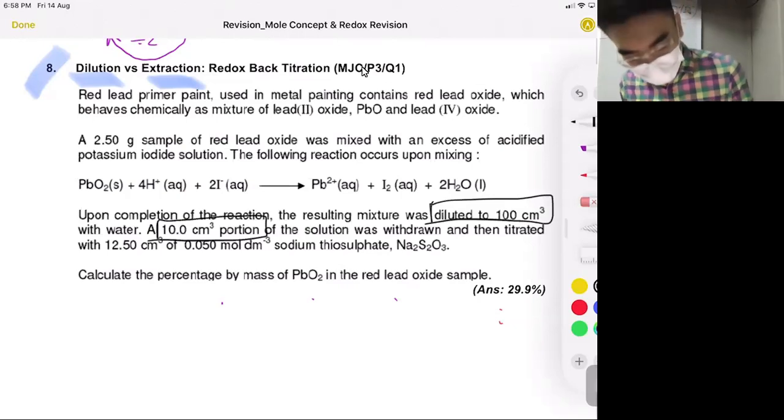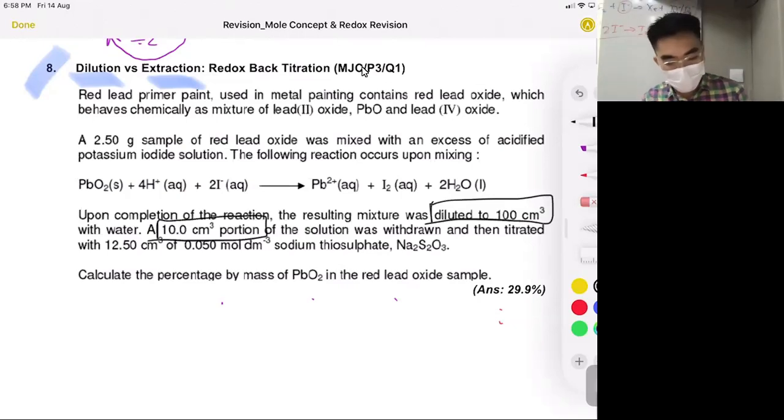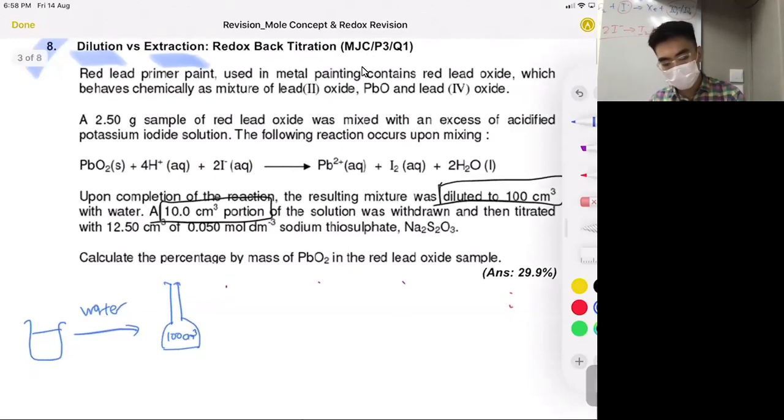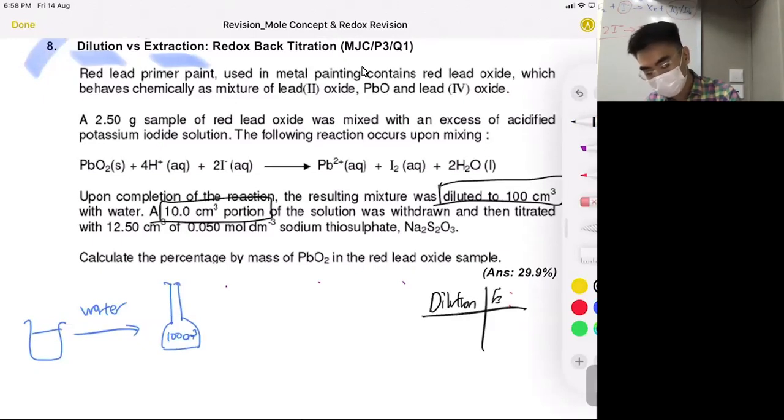So originally you have a small volume here. You add water, and you become 100 cm cube. Dilution always results in lower concentration, so concentration will drop.